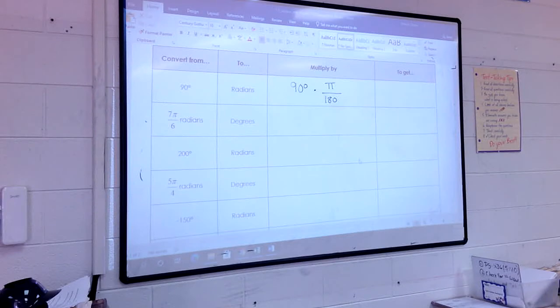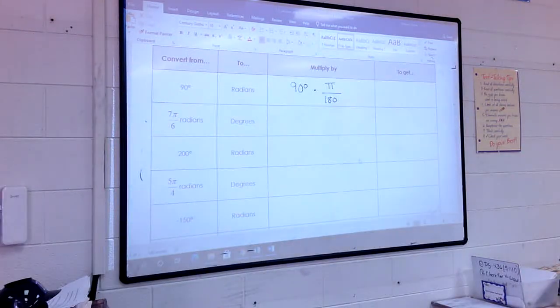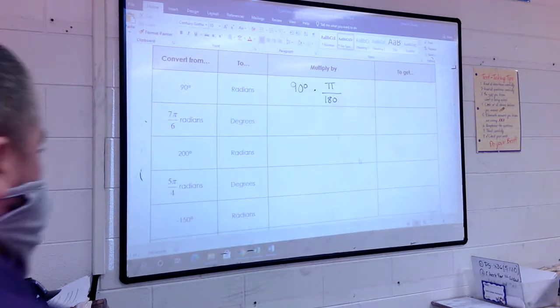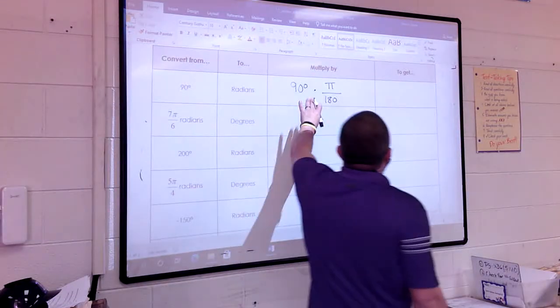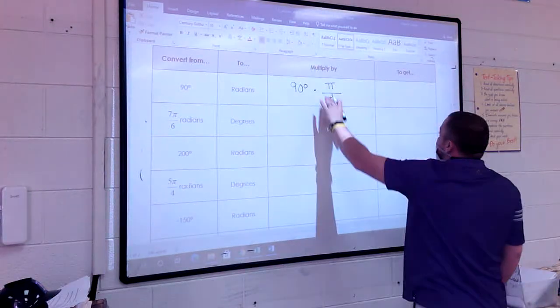So what is 90 divided by 180? Yeah, that's 0.5 or 1/2. So 90 divided by 180 is, and we're going to keep these in fractions, 0.5, it's 1/2.